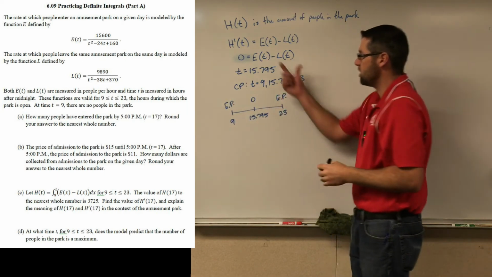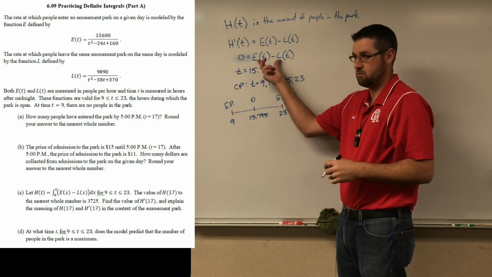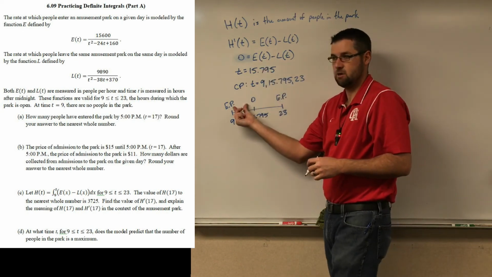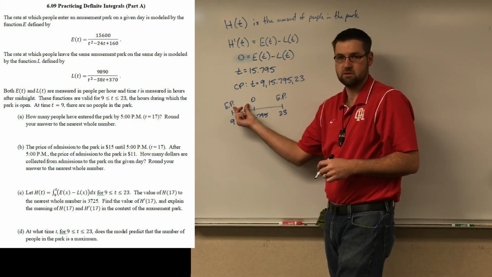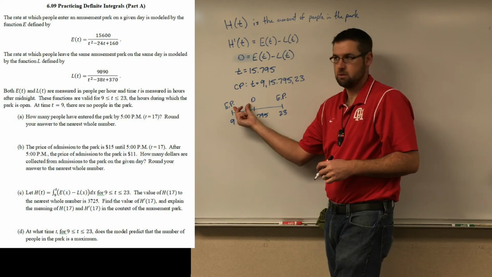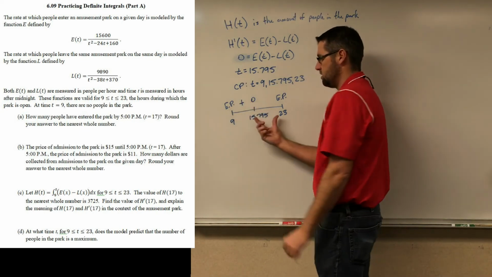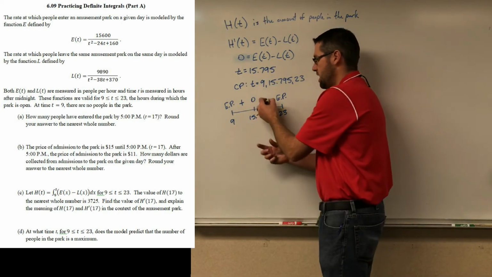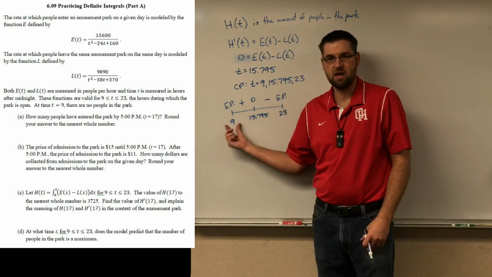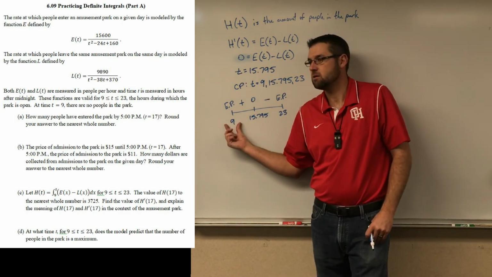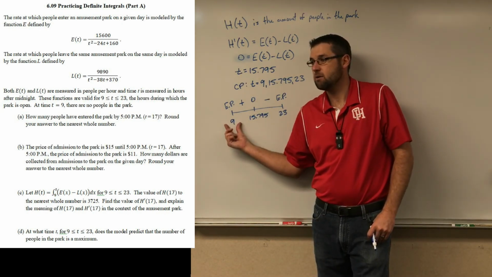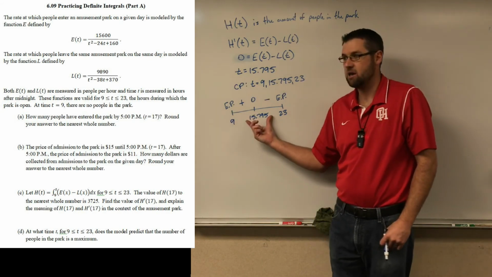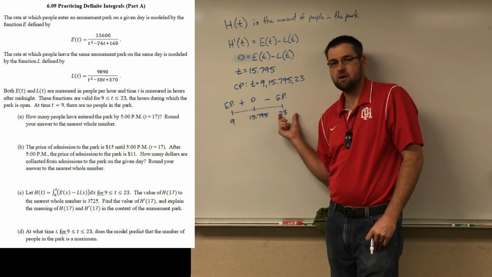So if you plug this into your y-list and graphed it, what is this value over here? You should look at your graph and determine it. It is positive, and then between here and here is negative. What does that imply about the amount of people at t equals 9? It's a minimum. And this one is a maximum, and this one is a minimum.